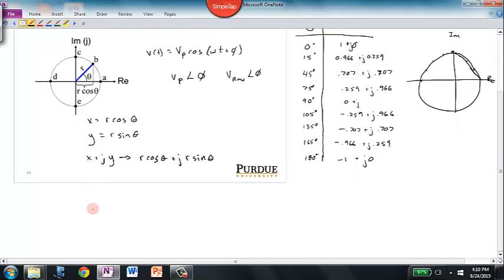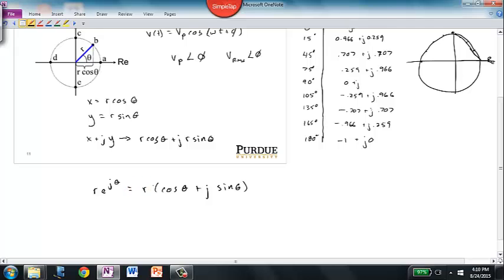So we could make the substitution: r e to the j theta is equal to r times the cosine of theta plus j sine theta. If you divide the r out of that equation, this is called Euler's identity: e to the j theta is equal to cosine theta plus j sine theta.